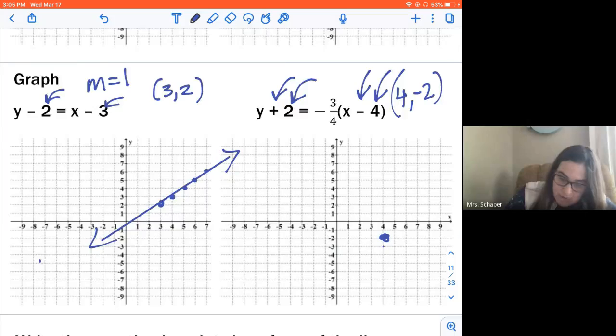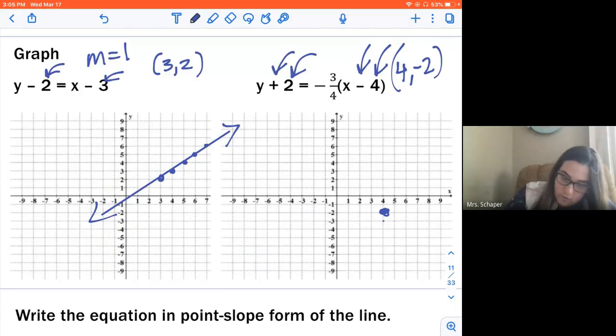So that means I go down 3 over 4. 1, 2, 3, 1, 2, 3, 4. Okay. Or I can go up 3 and back 4. Right. And there's my line. I draw my line. Try this again. Okay, we're going to try it again.